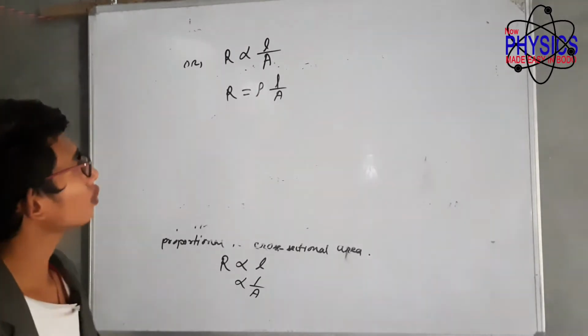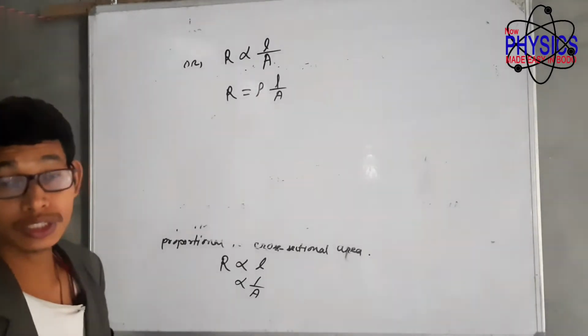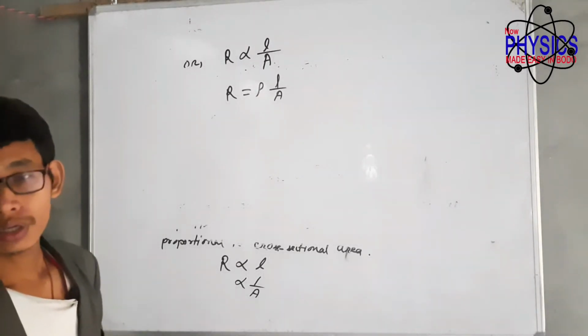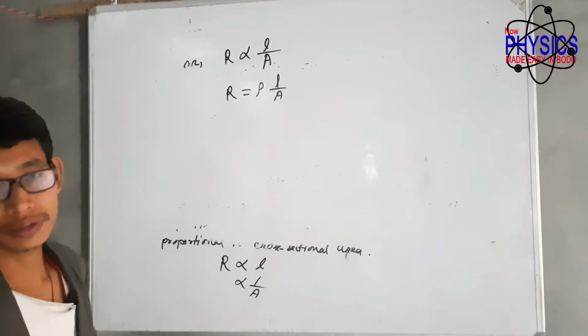This rho is the proportionality constant, and it is known as specific resistance or resistivity.